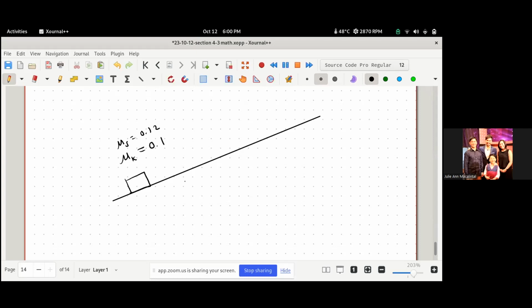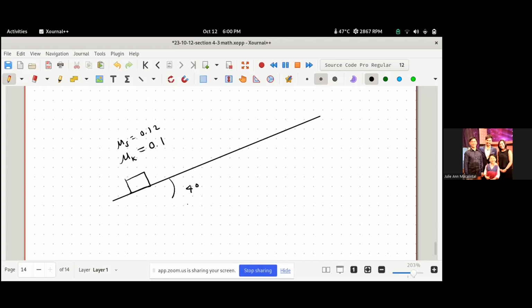So assume natin yung angle na to less than 5.7. Let's say mga 4 degrees ito. So we know it will slide kahit anong gawin natin. Kasi tangent inverse of 0.12, that's going to be 6.8 degrees. Yan yung static friction is still high enough para hindi siya mag-slide.